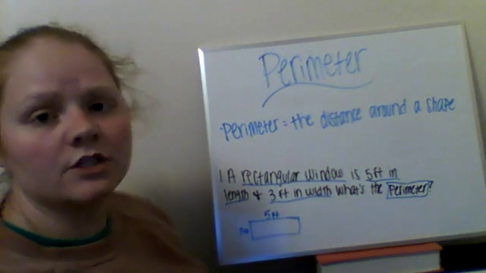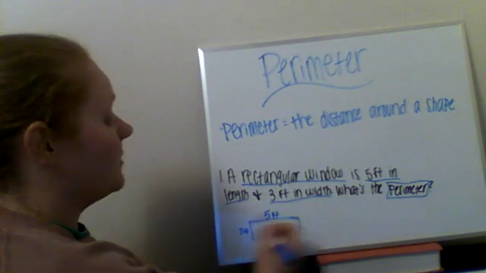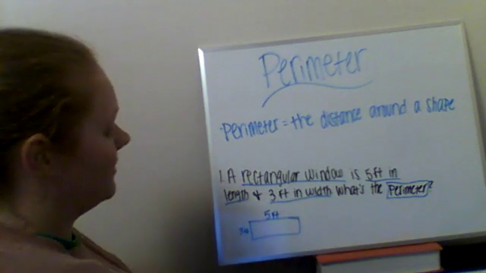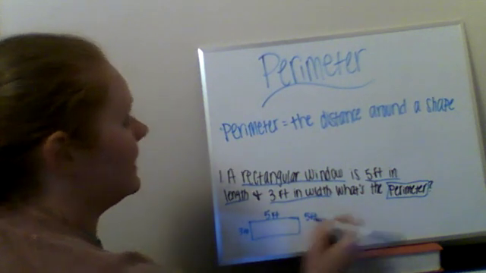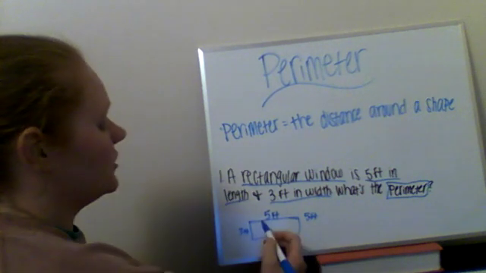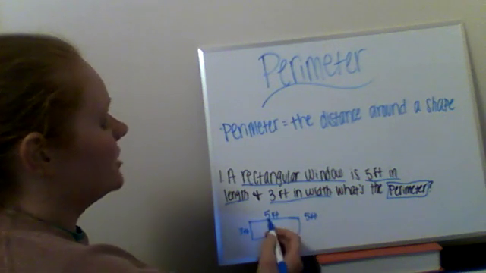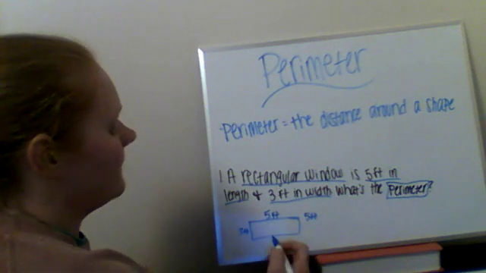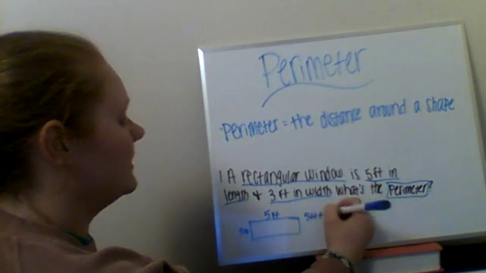Then it wants to know the perimeter. Perimeter, again, is just adding up all the different sides of the shape. So I would have 5 feet up here. And like I just said a couple minutes ago, in rectangles, your top and your bottom are the same, and your left and your right are the same. So 5 feet is on top, 5 feet is on the bottom, so I'm going to add 5 feet plus 5 feet.